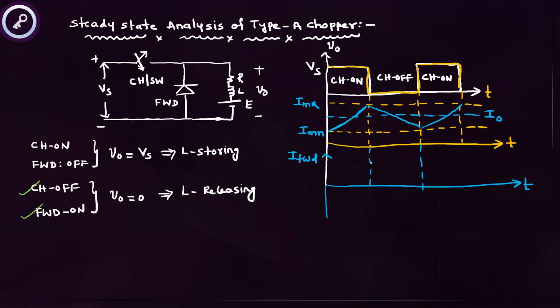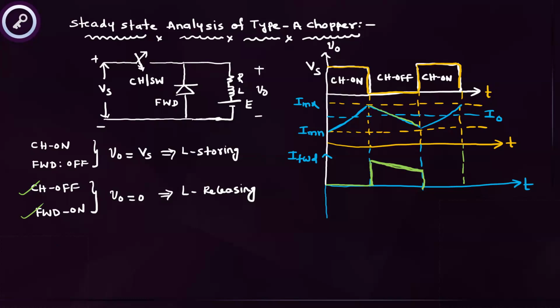This is the freewheeling diode current wave. Here there is no freewheeling diode current; here the freewheeling diode is conducting. Again this is the switch current, and this is the freewheeling diode. During conduction of the freewheeling diode, the inductor is releasing the energy.